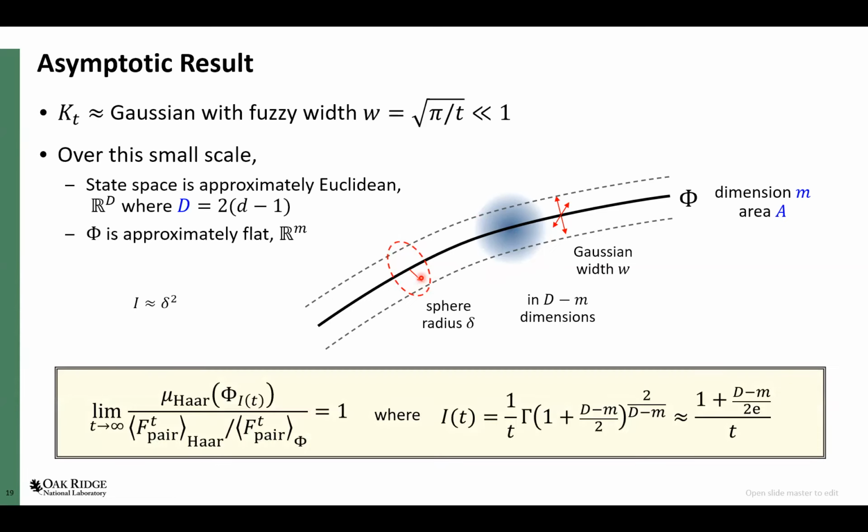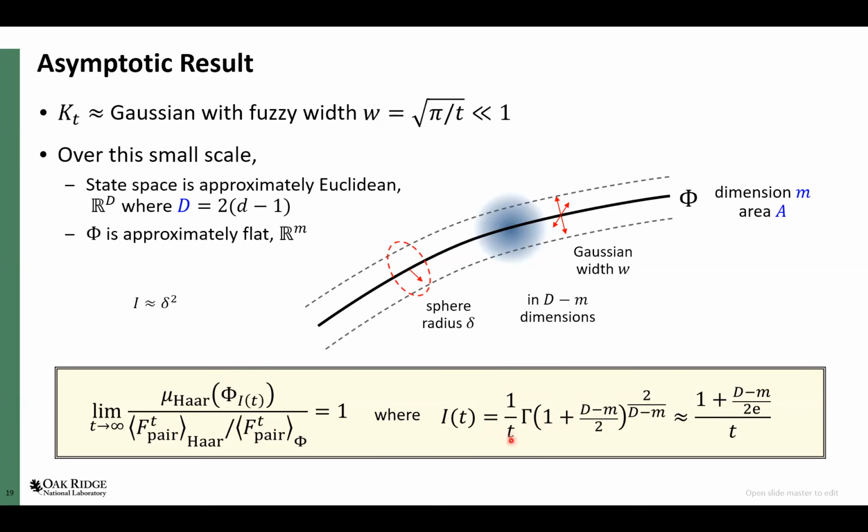We can work that out and show that in the limit that t goes to infinity, the volume of states within a certain infidelity of our manifold is equal to the ratio of these two frame potentials, where this characteristic infidelity is a not too complicated function of t, the dimension of your Hilbert space, and the dimension of your manifold.